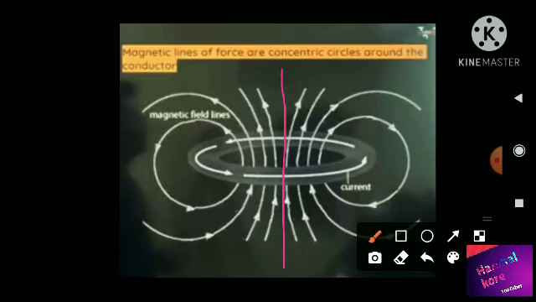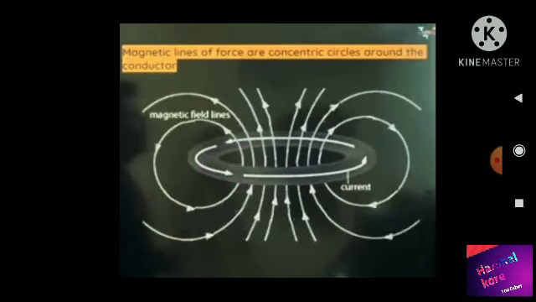Means the circular looped wire's field is directly proportional to the current passing through the wire. I hope you understood. So this is the magnetic field due to the current carrying circular loop.